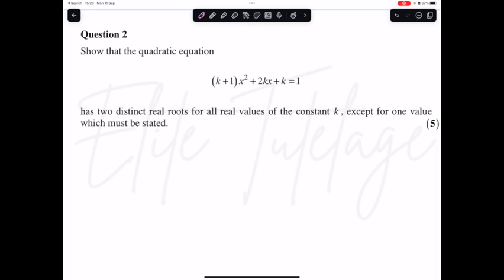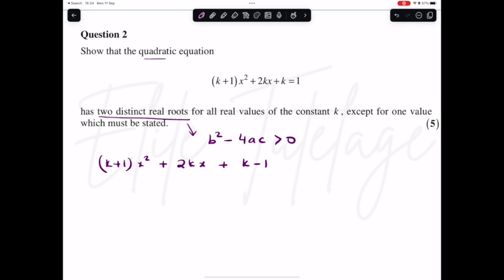Now question number 2, show that the quadratic equation has 2 distinct, real roots, for some constant k except for one value. So now for 2 distinct roots, we know b squared minus 4ac is greater than 0. Now, for this one, I'm just going to rearrange the equation first so that the 1 appears on the left-hand side.